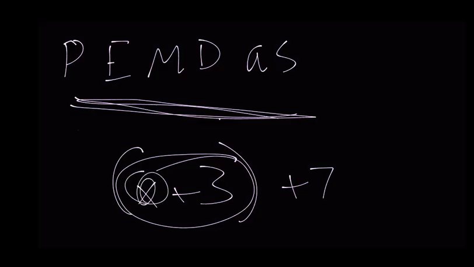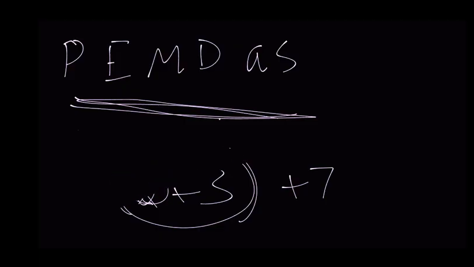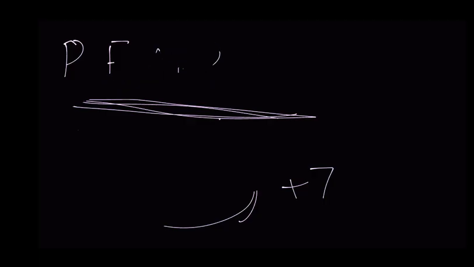But you don't know what X is, so we'll go deeper into how to solve these. But that's just an example. If you want to find out how to get X or Y, you have to first do the order that it goes from parenthesis, exponent, multiply, divide, addition, and subtraction. You always go left to right.